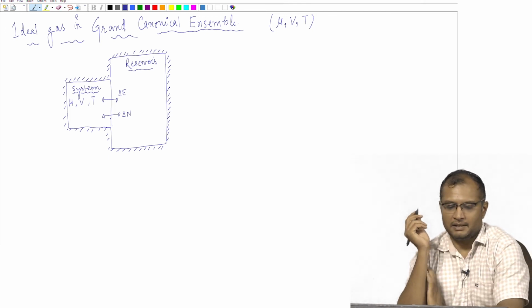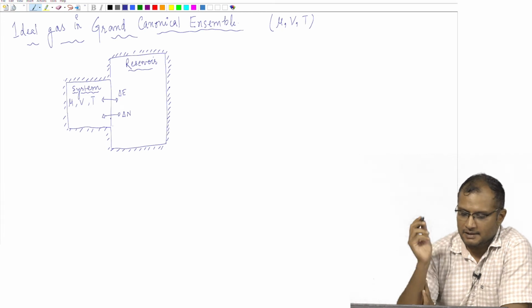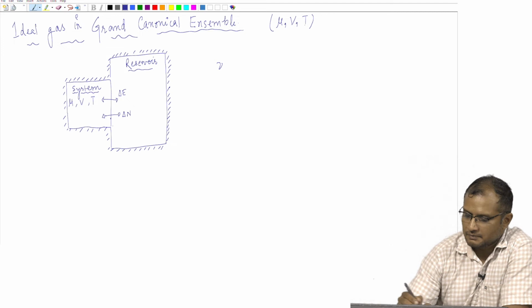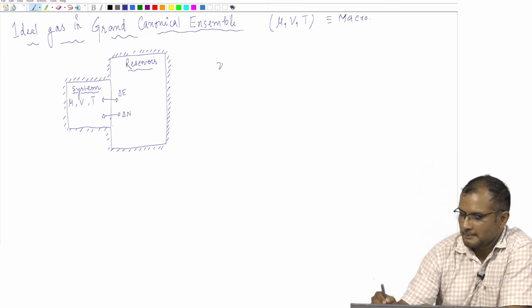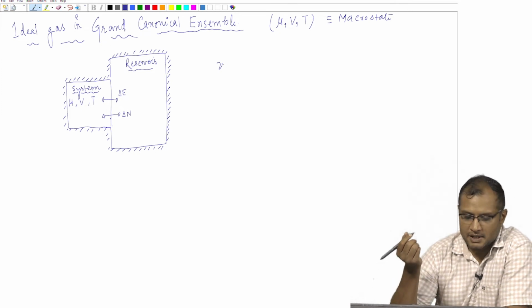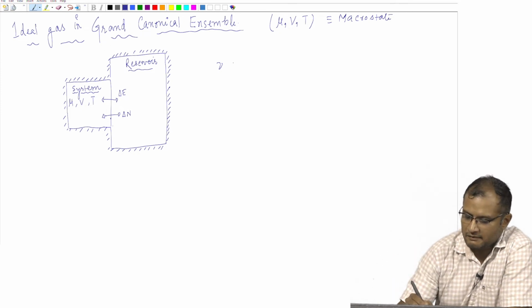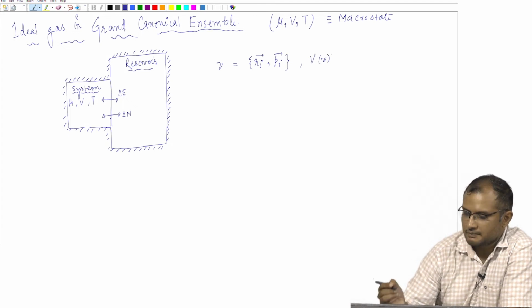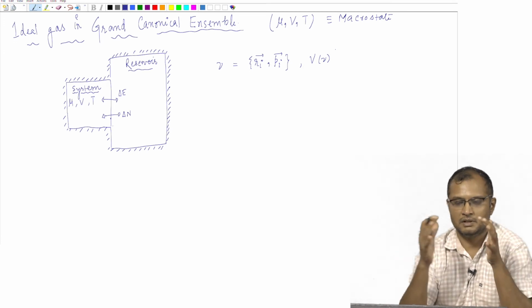And certainly under such a setting, this is the macrostate label, and a typical microstate in the grand canonical ensemble will have the label of particle coordinates, both momentum and position coordinates, and also the volume.